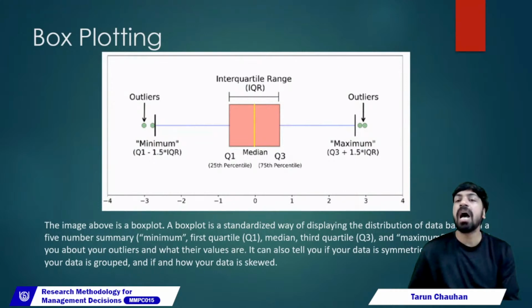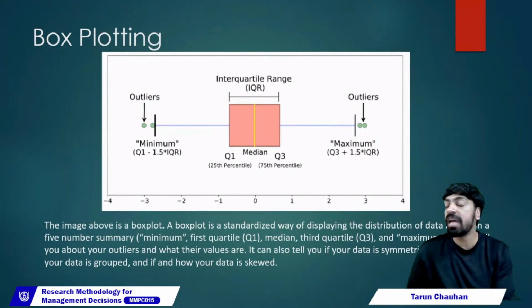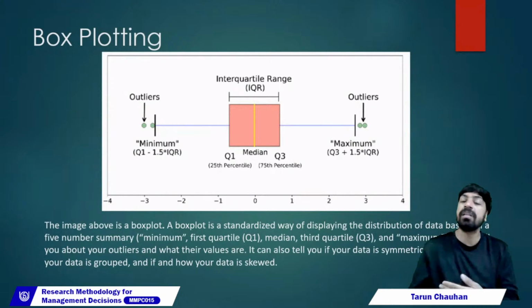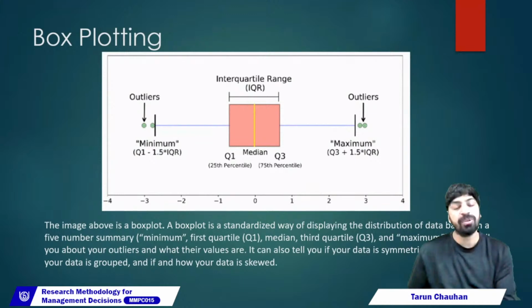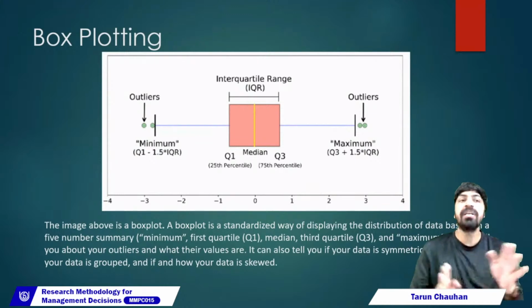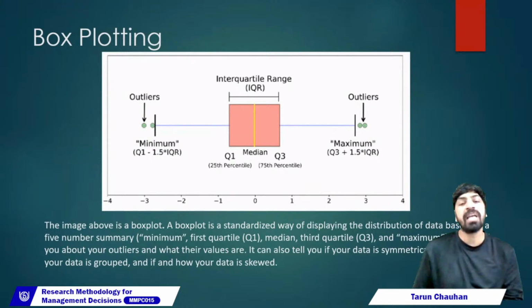Above the interquartile range, on its right side, is the maximum value, which in other words is the outliers, given by the third quartile plus half of the interquartile range. So this is the box plot, where the various variables are shown.